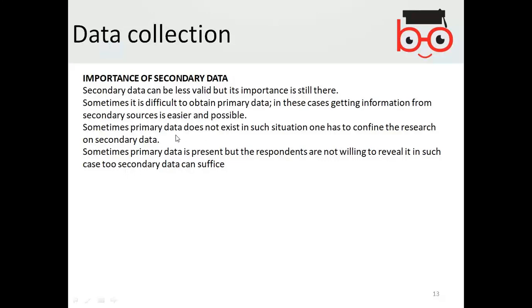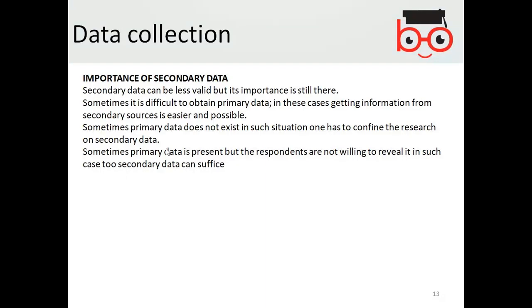Sometimes primary data does not exist. In such a situation, one has to confine the research to secondary data. Secondary data is important because if you want to carry out research and you don't have anything at the moment, you really need to look at some secondary data.